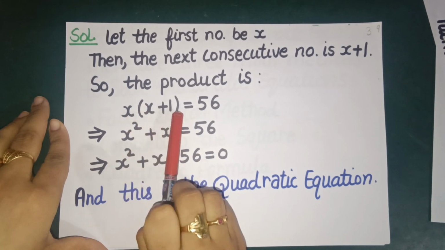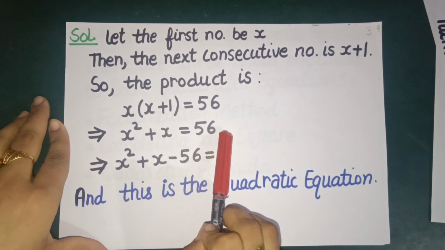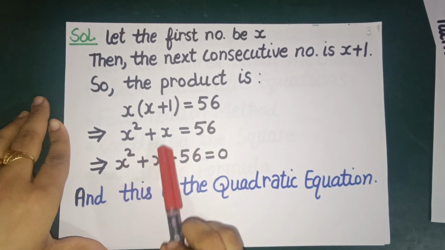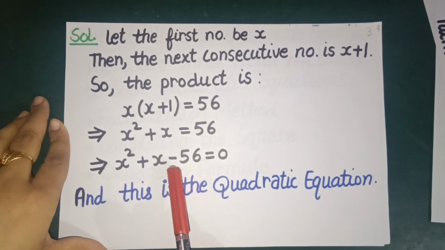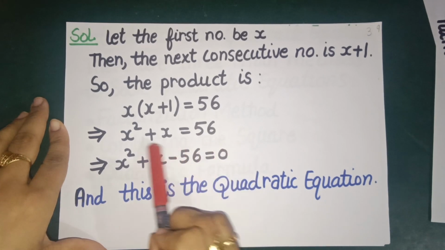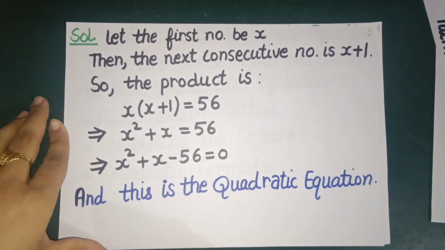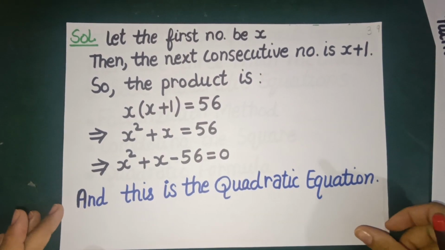Now multiply this. We have x squared plus x equals 56. This 56 comes across and changes to negative 56, and this is the quadratic equation. This is the way we form quadratic equations.